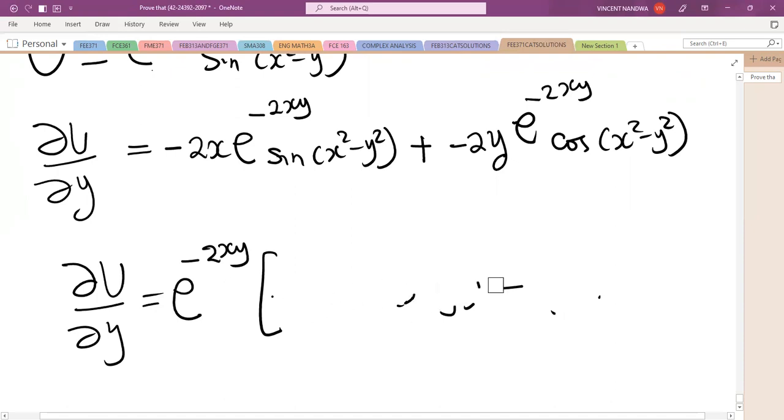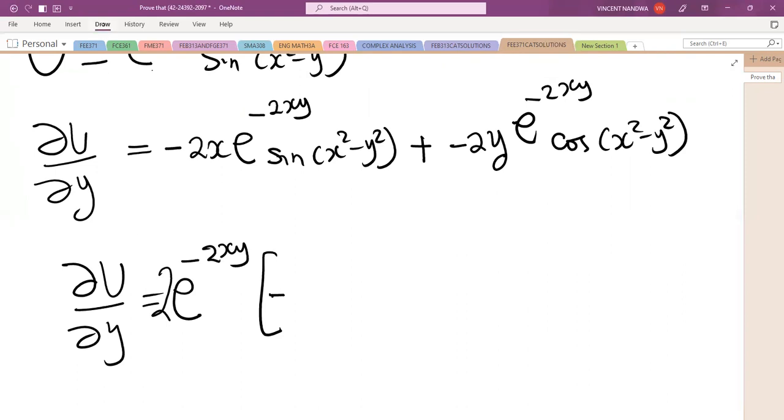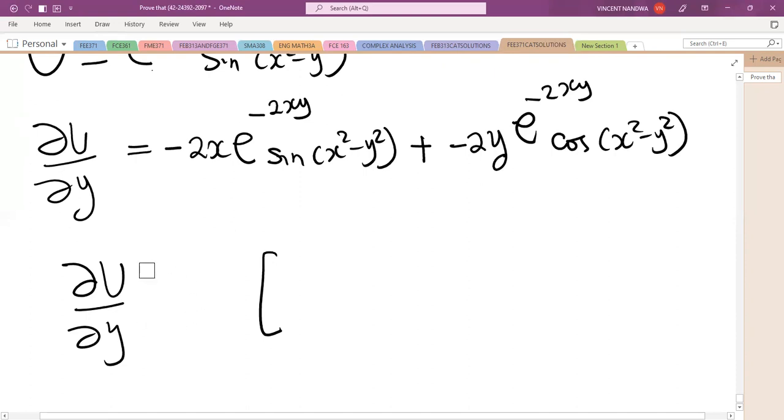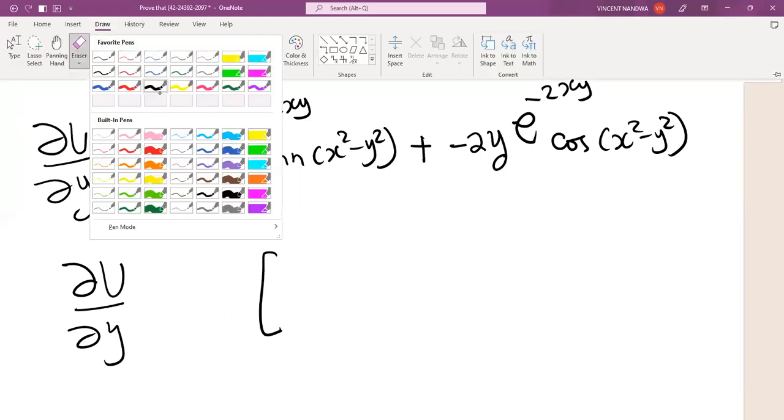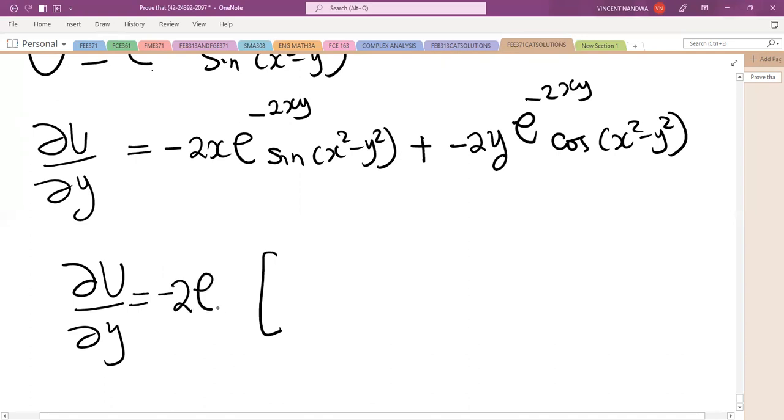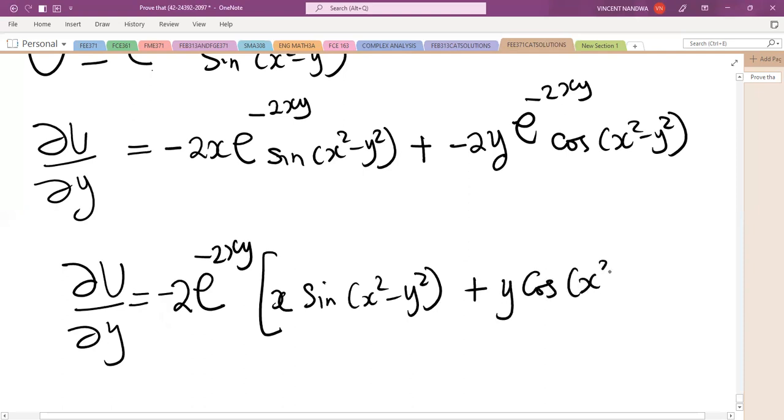So factoring out 2 e raised power minus 2xy, or let me factor out the negative, so all the terms in the brackets will be positive, so that my partial u partial y will be minus 2 e raised power minus 2xy, and then x sine of x squared minus y squared plus y cos of x squared minus y squared is what I'll have in the brackets.